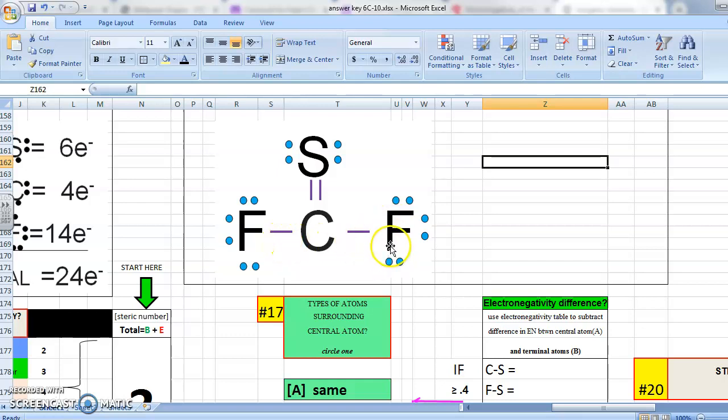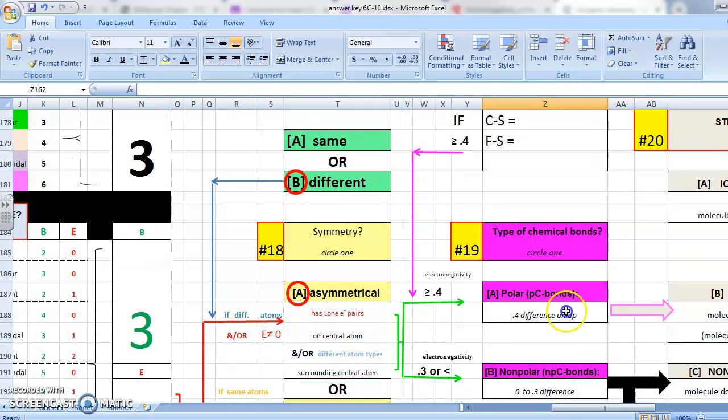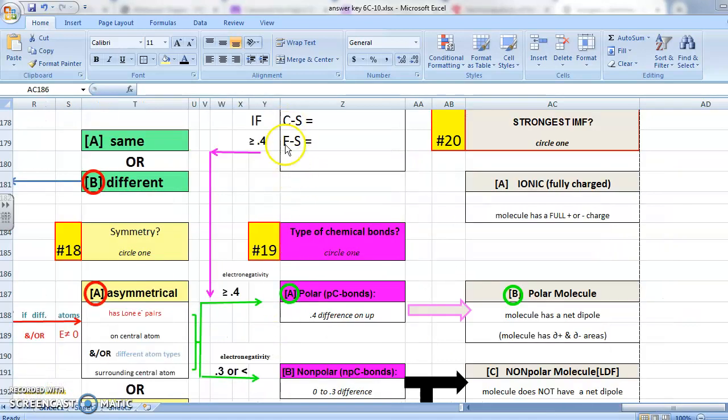So fluorine attached to anything other than another fluorine when sharing has to be polar. So we could go ahead and circle polar right down here and then figure it out to make sure we didn't make any mistake. Again, knowing fluorine's on the molecule, it will have polar bonds, which makes the molecule polar. It's the only place you can go from polar bonds to polar molecule if it's asymmetrical.